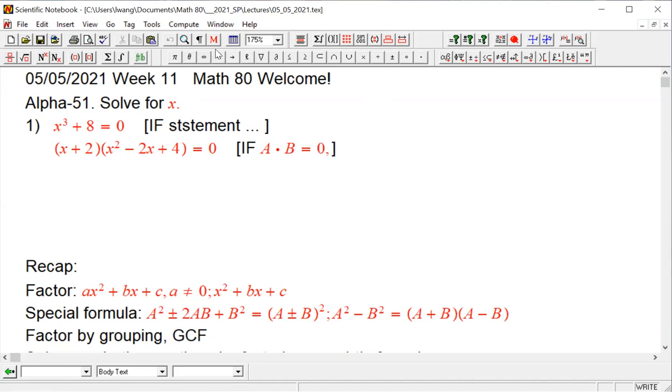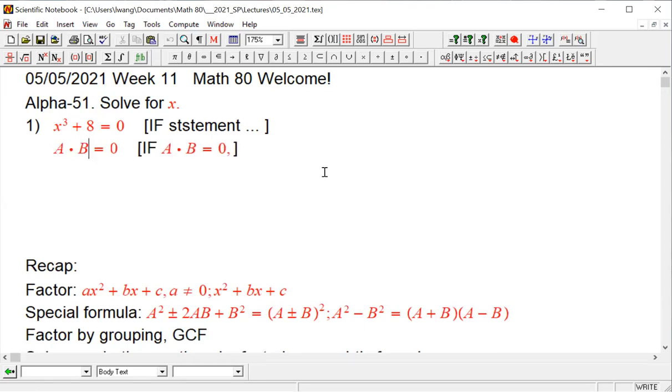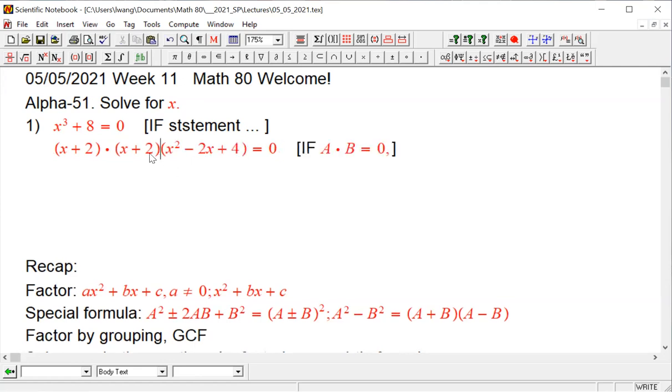Principle number 5 applies, right? So this is A and that is B. A is x plus 2 and B is the other one.